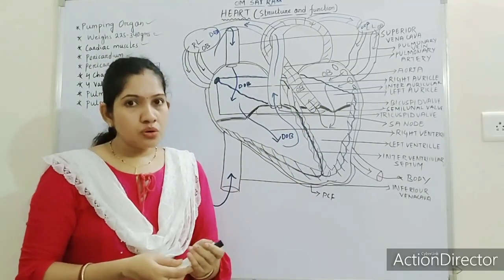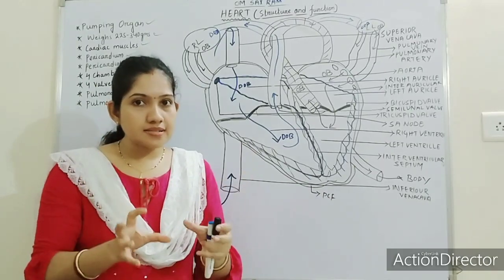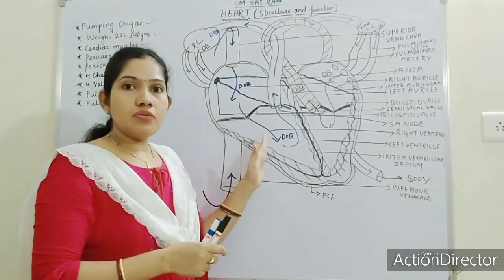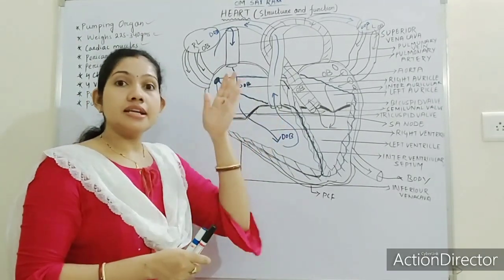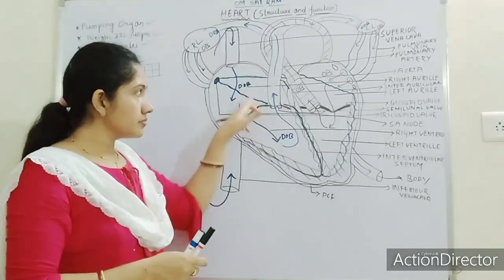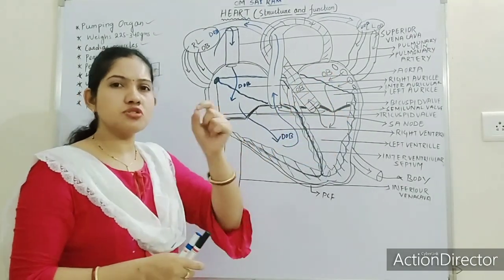Got it? Here are some very important things. The right hand side of the heart carries deoxygenated blood, and the left hand side of the heart carries oxygenated blood. These are some short questions.